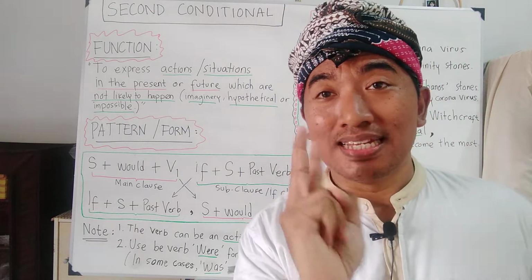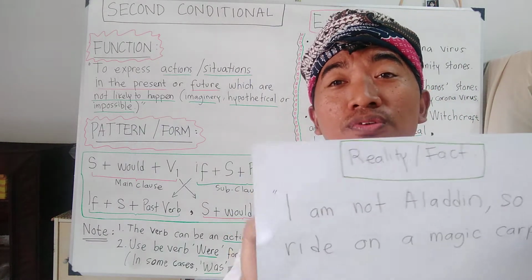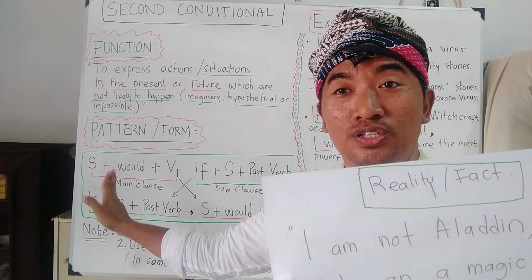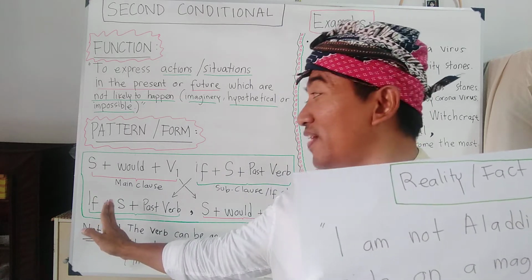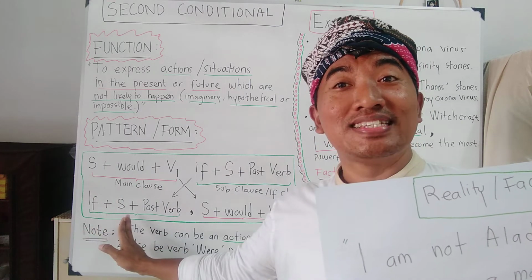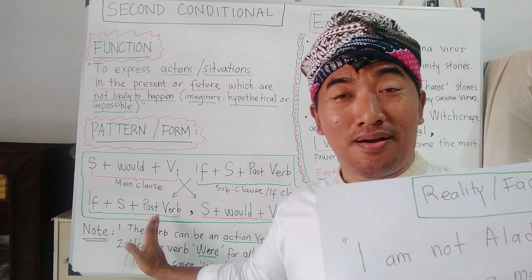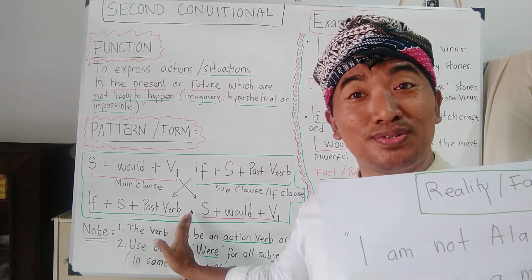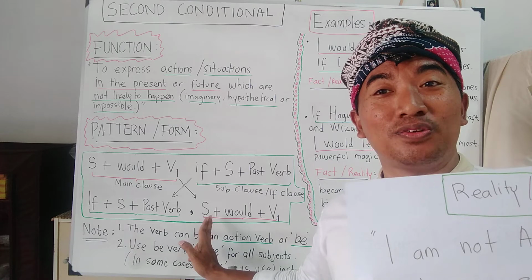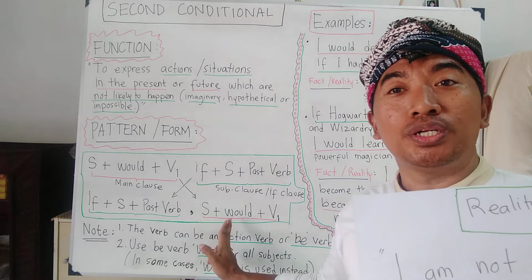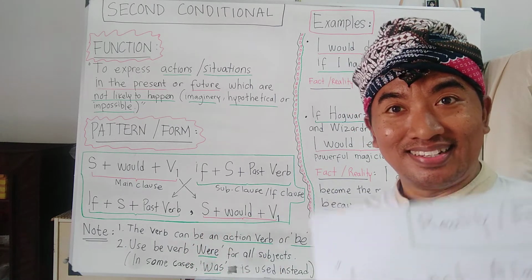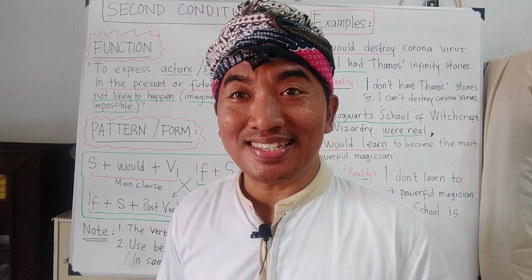Or you could use the second pattern in which you reverse it. The if clause starts first. So if subject past verb, remember, use a comma followed by subject, would, and verb 1. So, have you come up with an answer?